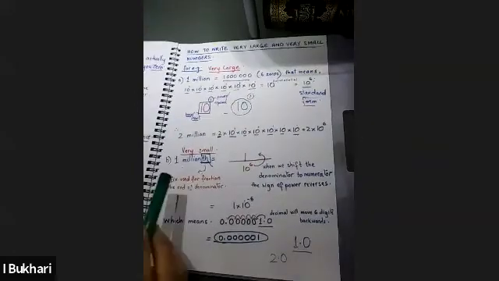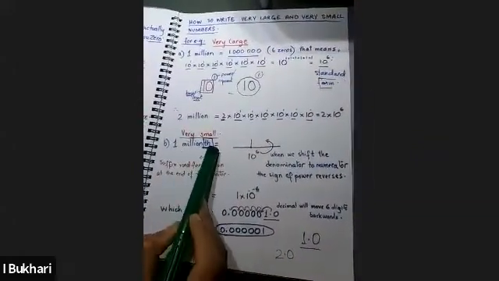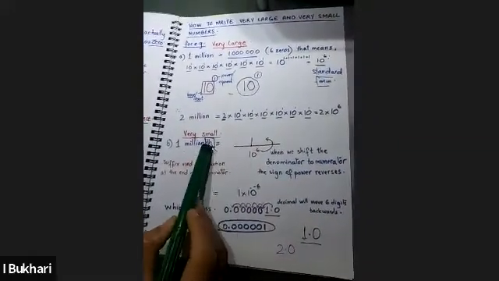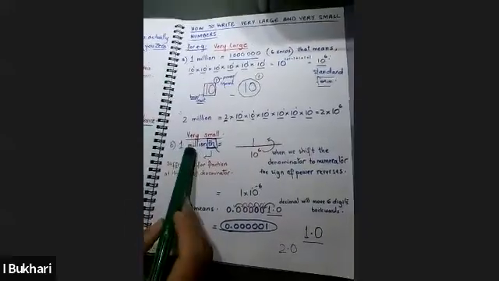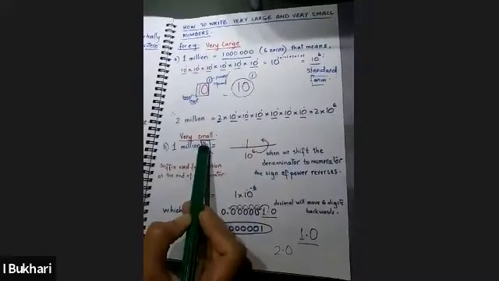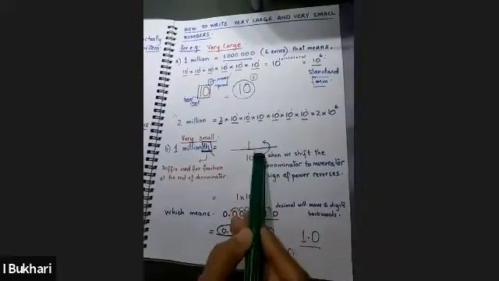And also I discussed how do you write very small numbers. 1 millionth, there's a th at the end. This th at the end refers to fraction. Million, as we discussed initially, has 6 zeros, right? So 10 to the power 6, but because it's a fraction, so 1 over 10 to the power 6.